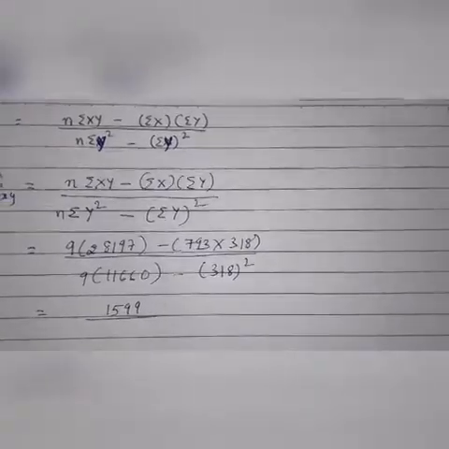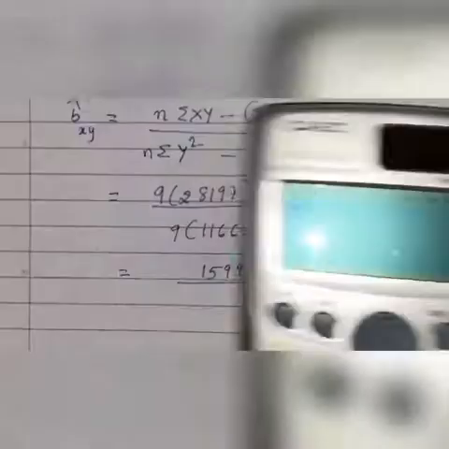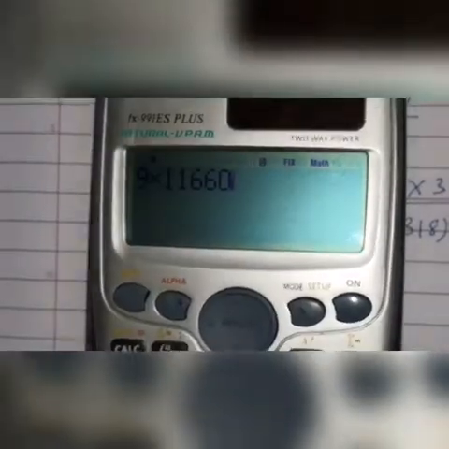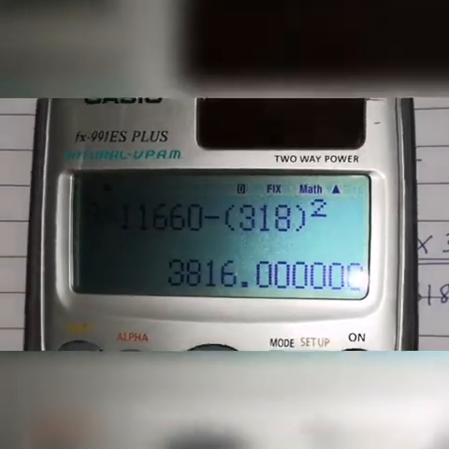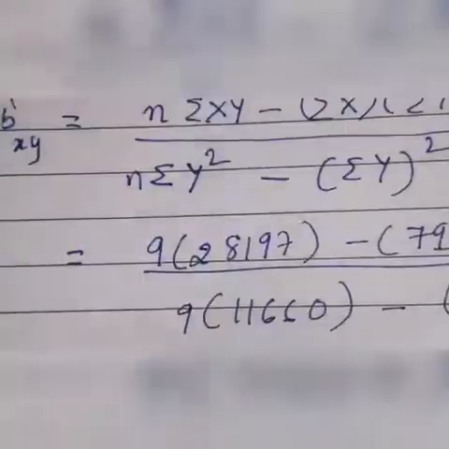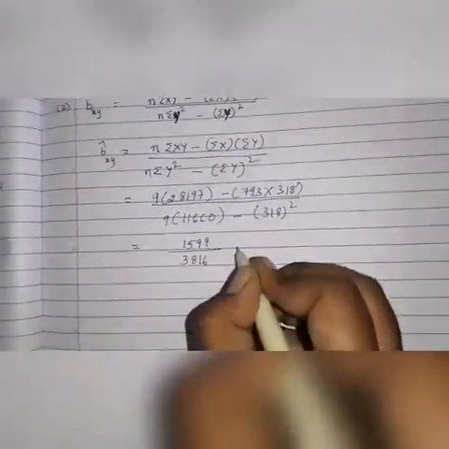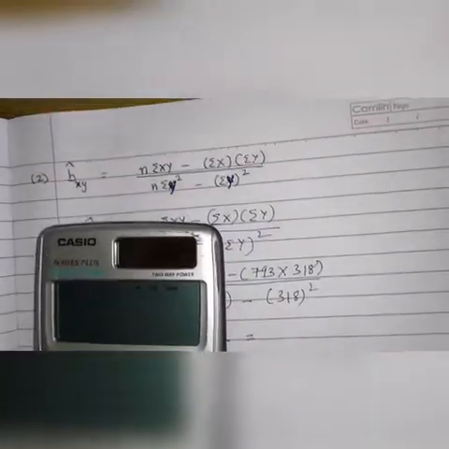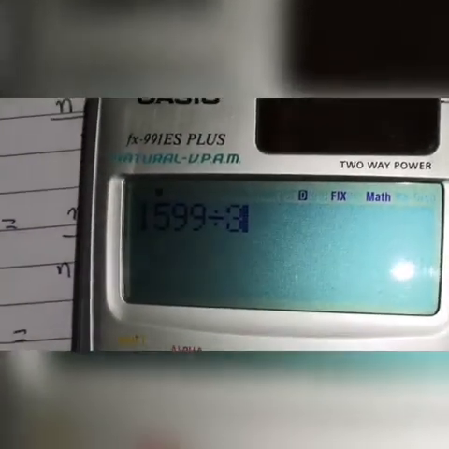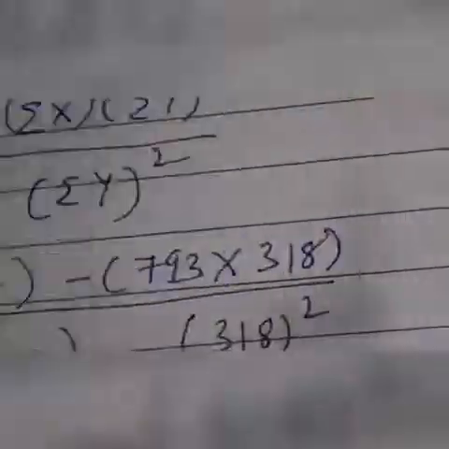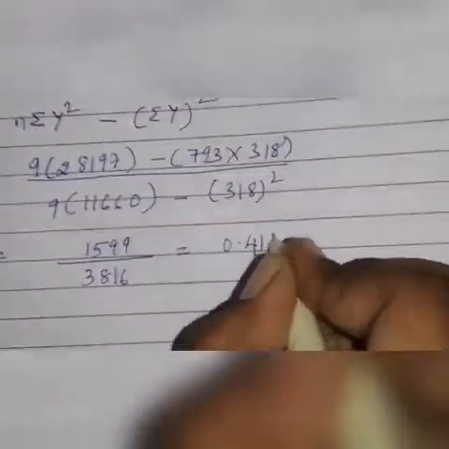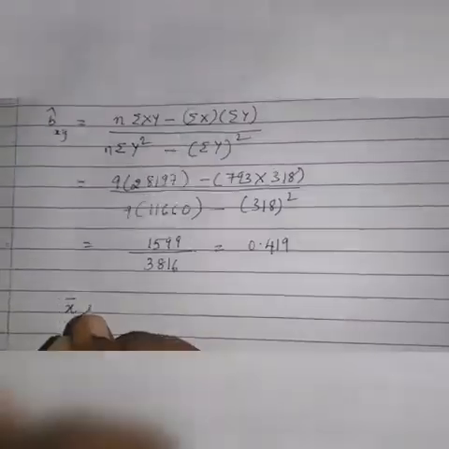Let us see the denominator. 9 into 11660 minus 318 whole square is equal to 3816. So this is equal to 1599 divided by 3816, which is equal to 0.419.